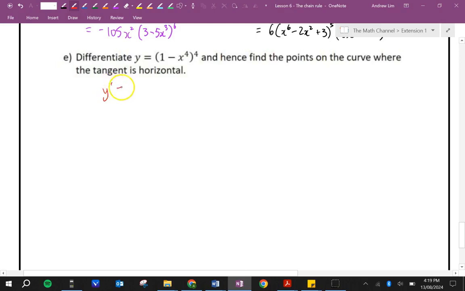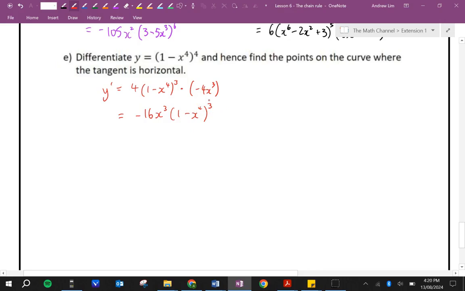So, y dash, bring down the power, write down what's in the brackets, reduce the power by 1, times by the derivative of what's in the brackets, negative 4x cubed. So that's going to give me a negative 16x cubed, bracket 1 minus x to the power 4 cubed.